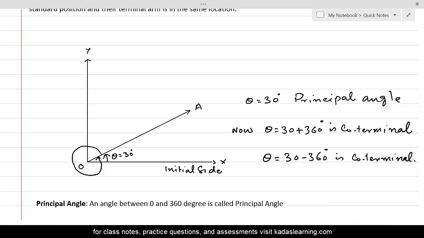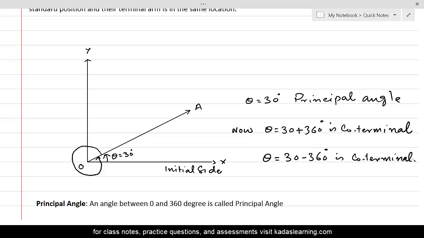Or if you continue to subtract 360 degrees, the final location of the angle is still going to be the same position as it was for the principal angle. Therefore, adding or subtracting any integral multiple of 360 degrees does not affect the location of the principal angle, and hence is called a coterminal angle of whatever the given principal angle is.